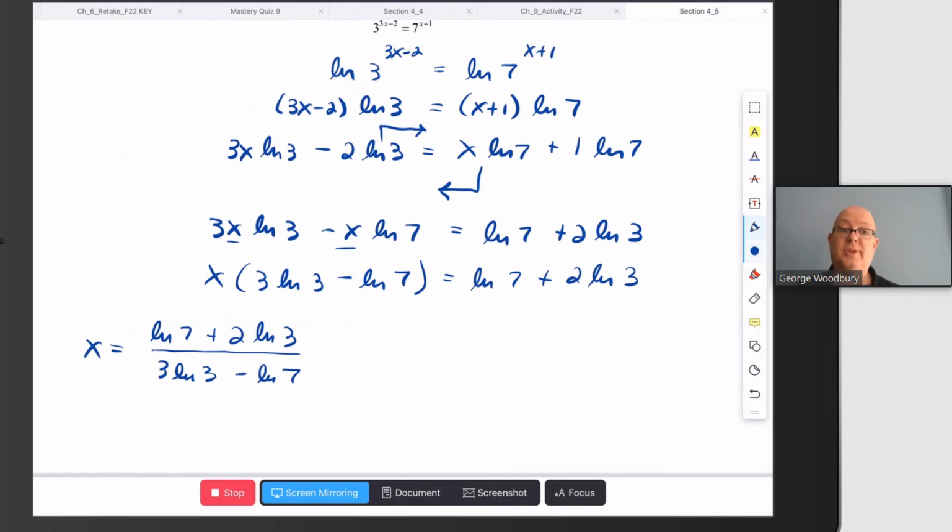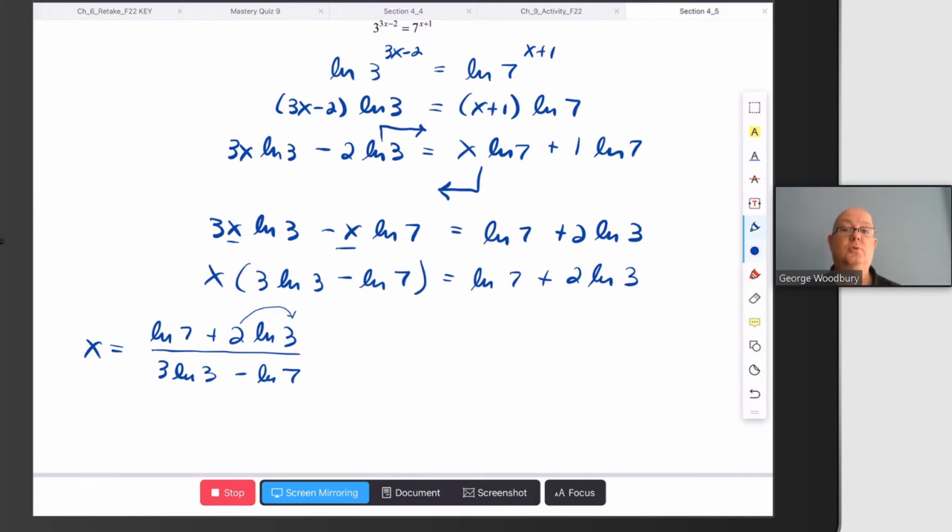Now I'm going to be able to clean that up a little bit. I'm going to show you how to do that. We can condense logarithms, and we can condense those 2 logarithms in the numerator into a single logarithm. Remember that this 2, by using the power property in reverse, can become an exponent.